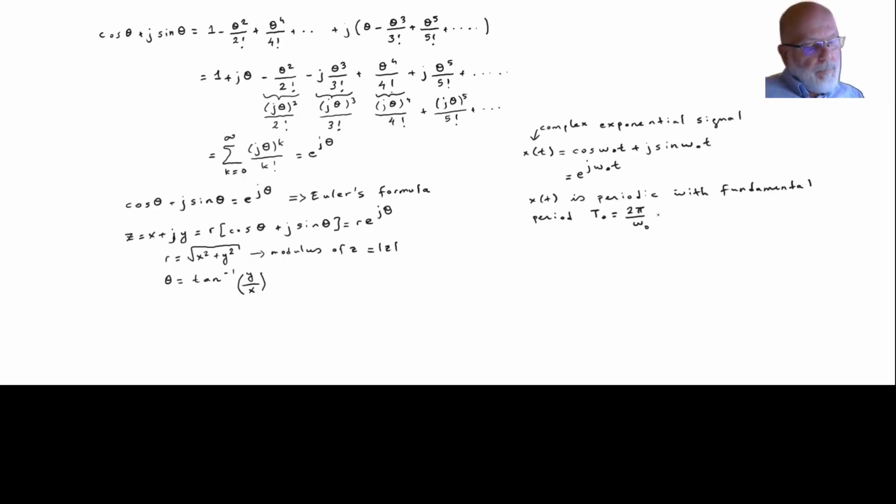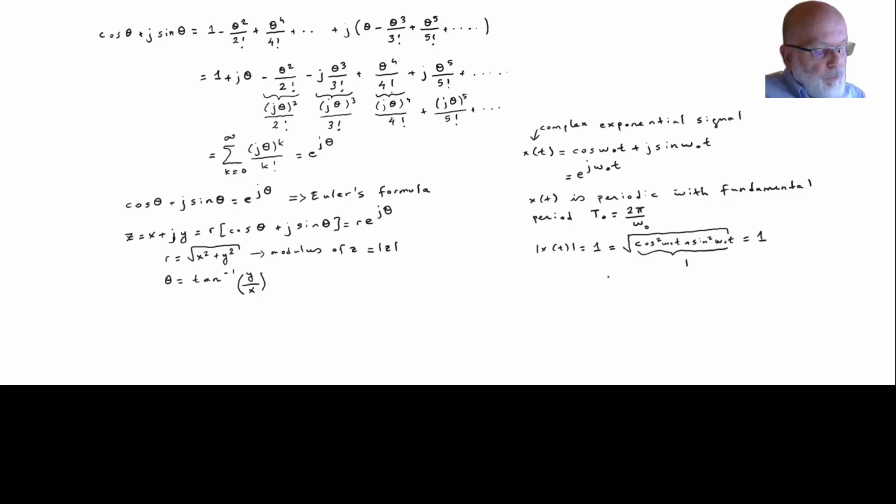Now, how can we visualize this signal? Let us go back to the complex plane, but before that, we note something. As you see, the magnitude or modulus of x of t is 1, because it is the square root of cosine square omega 0 t plus sine square omega 0 t, and this term here is 1, and the square root of 1 is equal to 1.